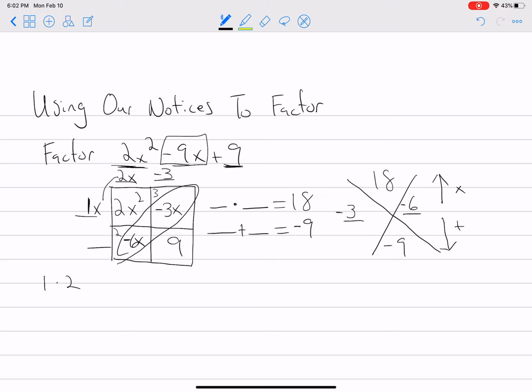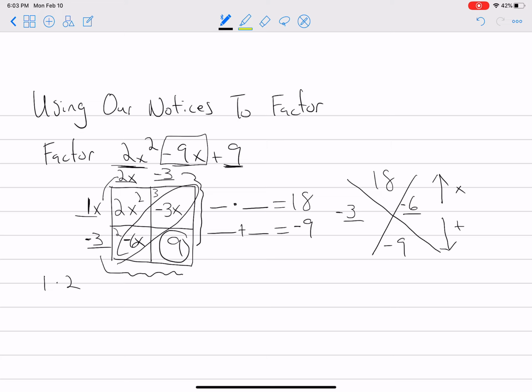And 2x times what right here is going to give me negative 6x? That's going to be a 3, but it has to be a negative 3. So I'm looking pretty good so far. Now let me check. Negative 3 times negative 3 gives me the positive 9 for this spot.